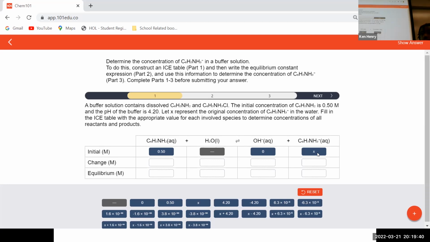What is pH? What does pH represent? Okay, so it's negative log of, so what would be 10 to the negative, because isn't pH equal? If we're given the pH, this gives us our concentration, right?